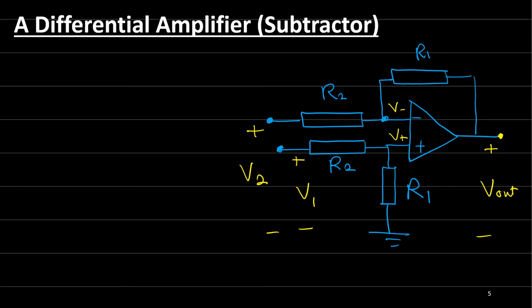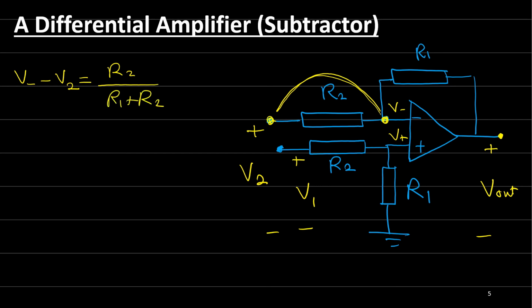From the voltage rule, V minus minus V2 equals how much? It's a voltage divider. So the voltage applied on this resistor equals R2 over R1 plus R2 times V out minus V2.